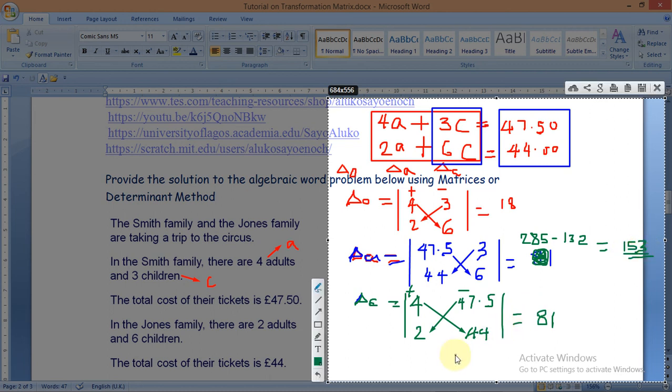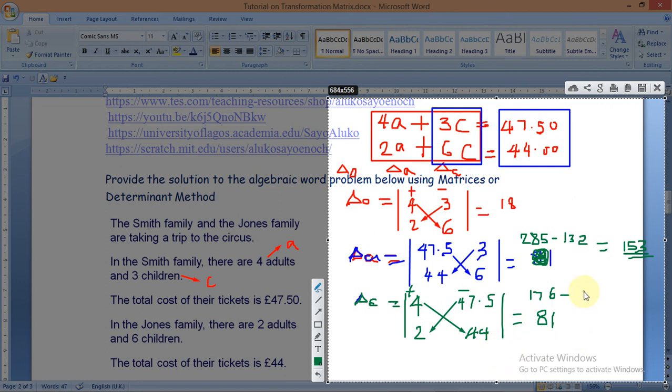And this one here, let me just write it: it is 176 minus 44 times 4. Let me just confirm that. 44 times 4. Yes. Then 47.5 times 2 is 95.